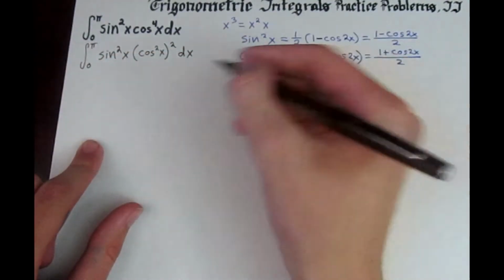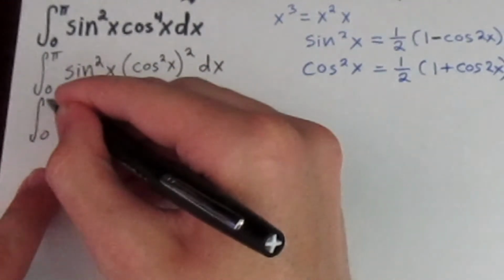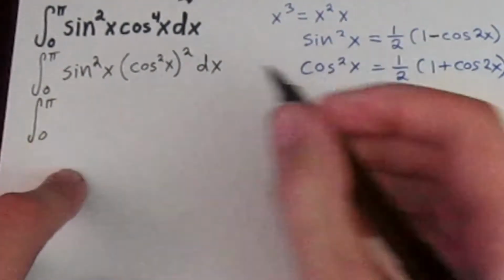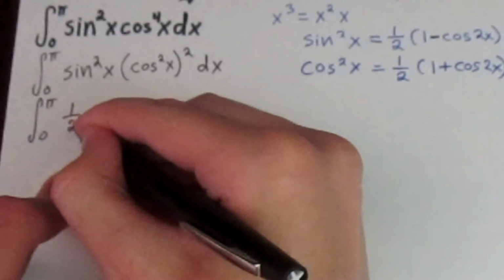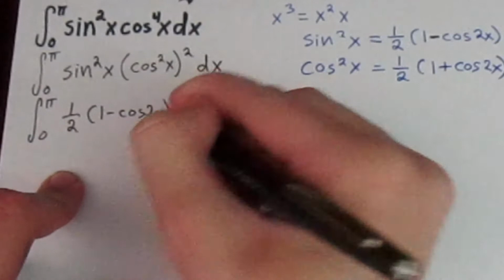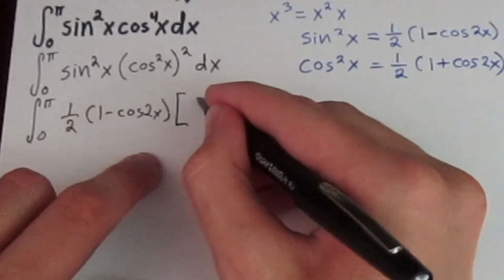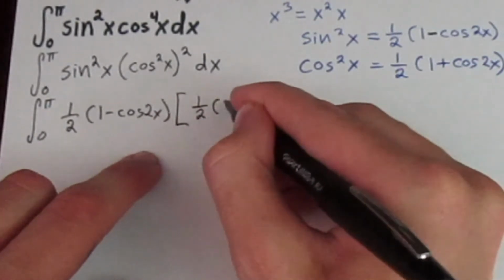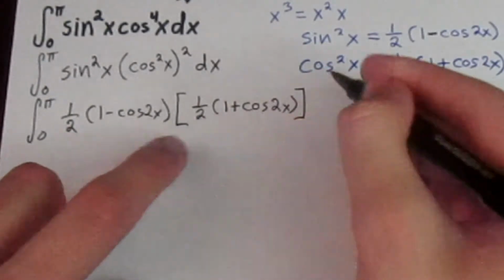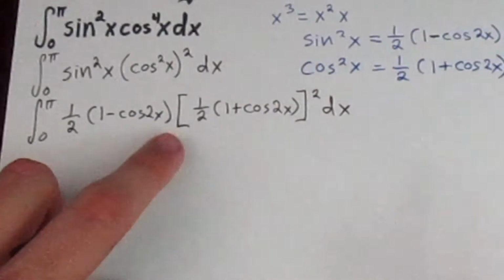Either way, you have to memorize that this becomes the integral from 0 to pi. Now I'm going to make a substitution here, and this becomes 1/2 times the quantity 1 minus cosine of 2x times 1/2 times the quantity 1 plus cosine of 2x, all quantity squared dx.